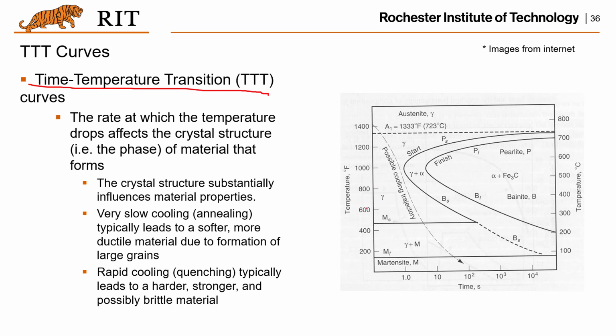Here, the temperature is a function of time, and you can see different curves that show the different states of the same material under different cooling conditions. If you cool the part rapidly, it follows one curve, and if you cool it very slowly, it follows another curve, and you will have entirely different material properties.